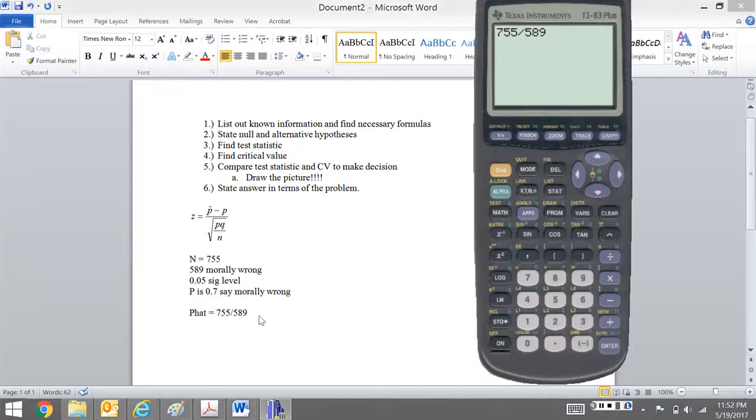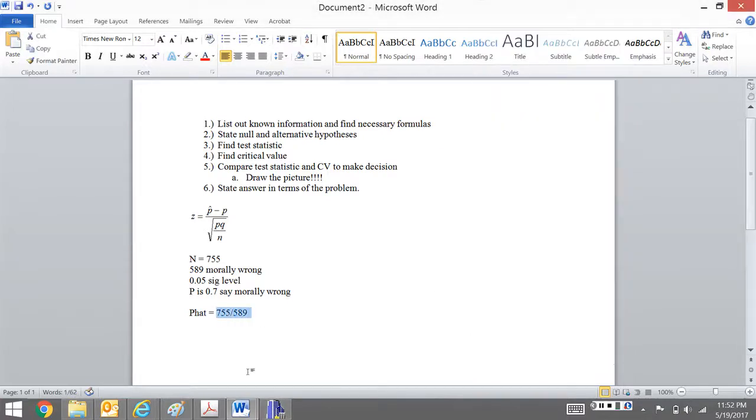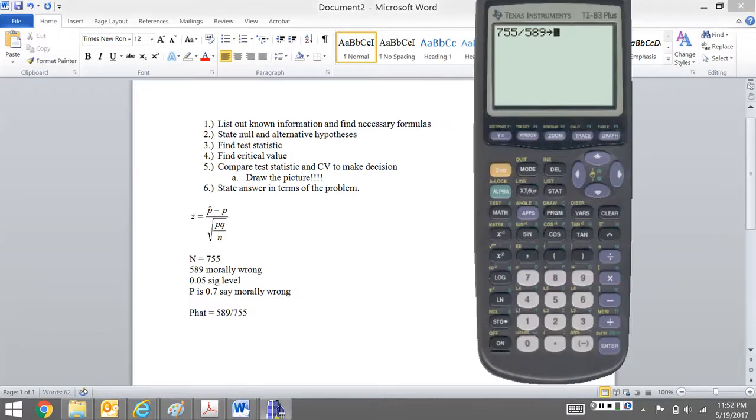Oh, because I've got them upside down. I'm like, how did I have more? 589 out of 755. There we go. That makes a lot more sense, right? 589 out of 755. Okay, so about 0.78, about 78%. So that's what's going to go here.